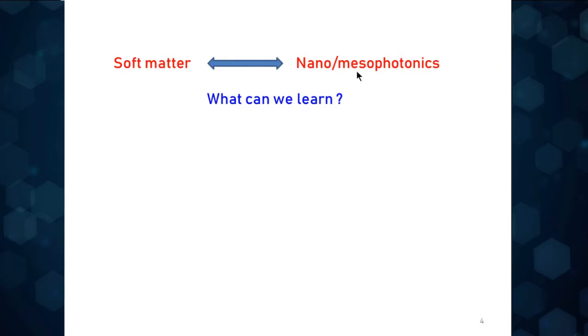For example, one can really understand how soft matter structure, function, assembly, etc. can be studied by utilizing tools in nano and mesophotonics. I have deliberately made this arrow two-sided, because you can not only utilize optical effects to understand soft matter, but you can also utilize soft matter to manipulate how light propagates, localizes, or directs on various different platforms.